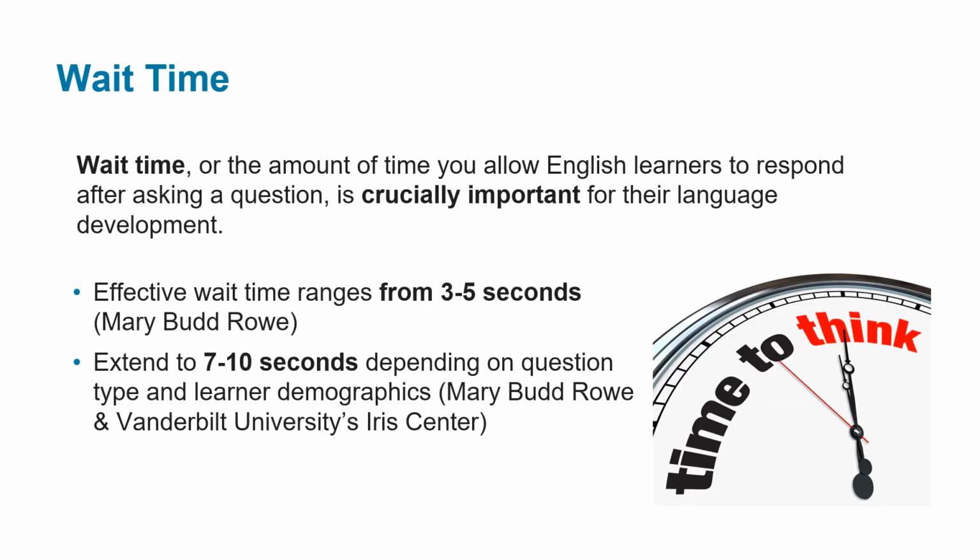Wait time. Now, English learners need additional time to translate, understand, formulate, and organize their thoughts in their second language. Now, studies by Mary Budd Rowe suggest effective wait time ranges from 3 to 5 seconds, with further benefits observed at 7 to 10 seconds, depending on question type and learner demographics.